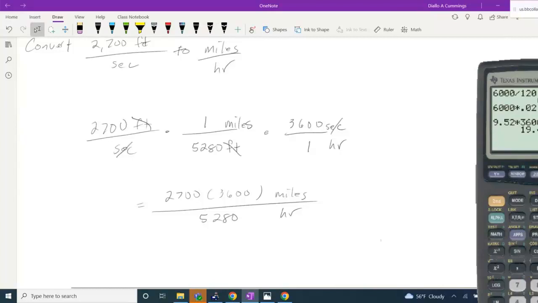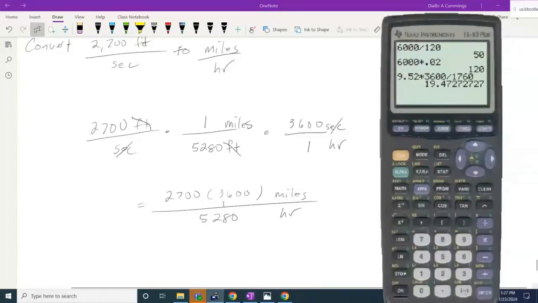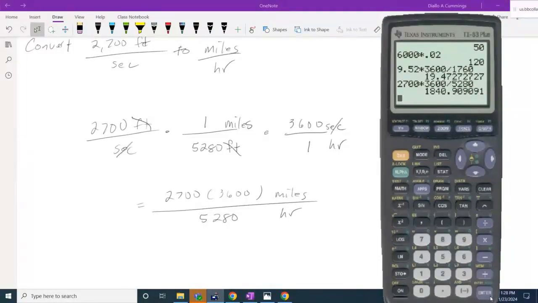And now we're going to multiply the numerators, multiply the denominators, and then divide. So we have 2,700 times 3,600 divided by 5,280. And we have 1841 miles per hour.